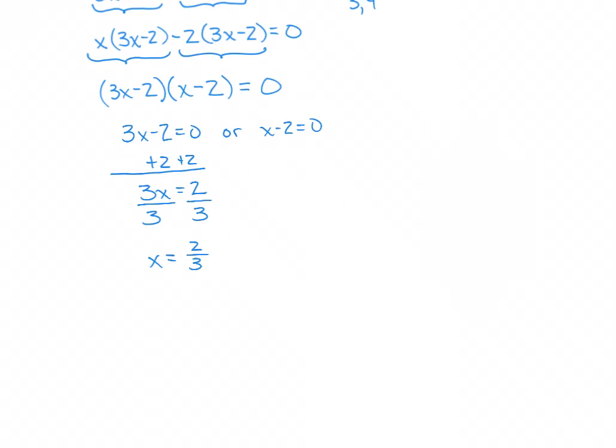We get x equals 2/3. All right, the second thing, I can add 2 to both sides. And I get x equals 2. If you want, we can put this in squiggly brackets. And we have our answer.